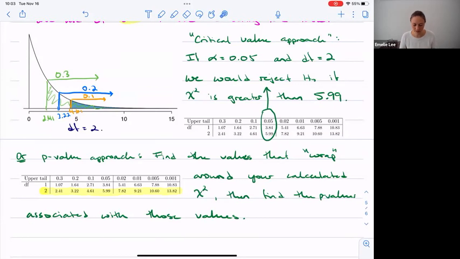So if your test statistic is larger than the critical value, then you have enough evidence to reject H0. Or if the range of your p-values is less than 0.05, then you have enough evidence to reject H0.